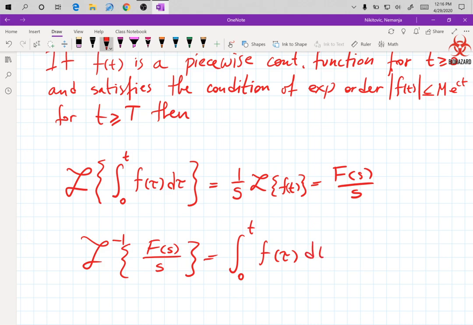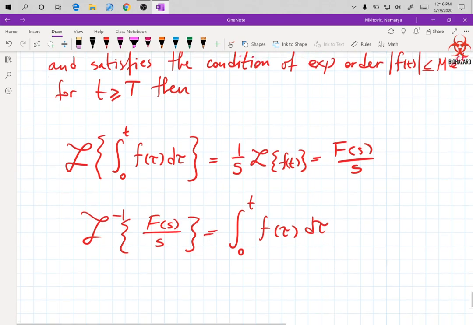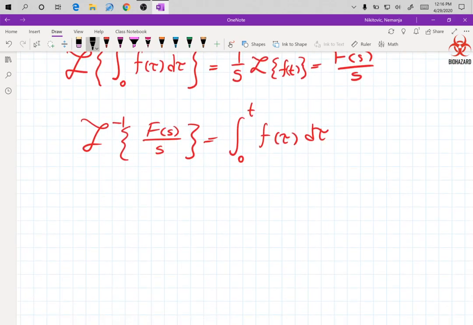Now, what is this tau business? It's just a variable, because look, we're going to plug in a t to get the function f of t. Those of you who remember Calc 1, again, whether you studied to learn the Calc 1 or studied to have the grade, right? There's a big difference.